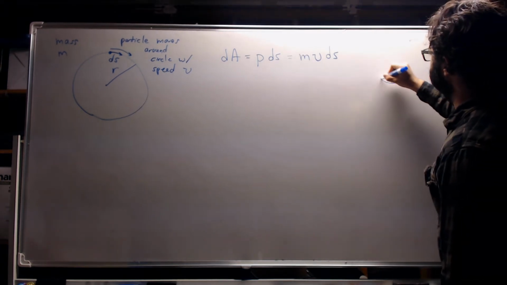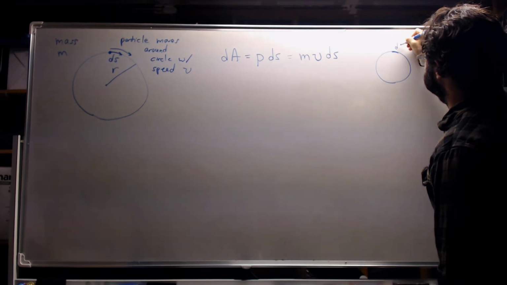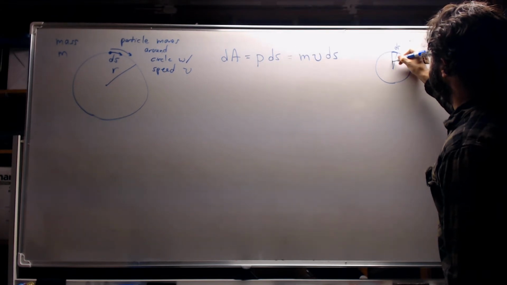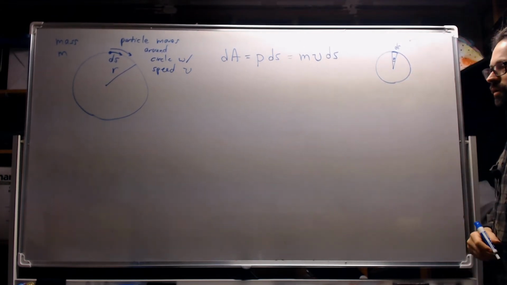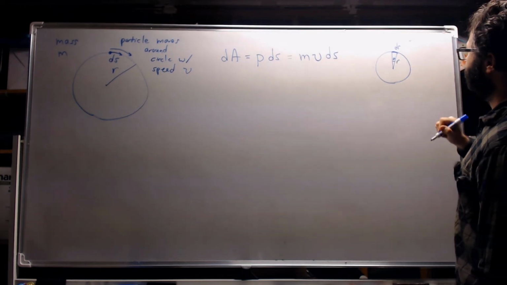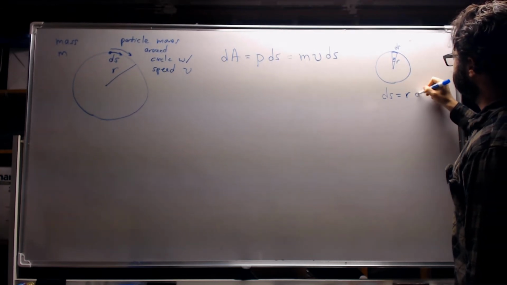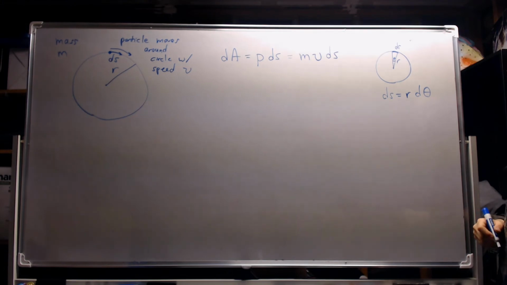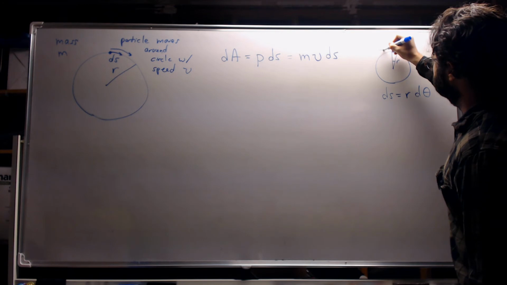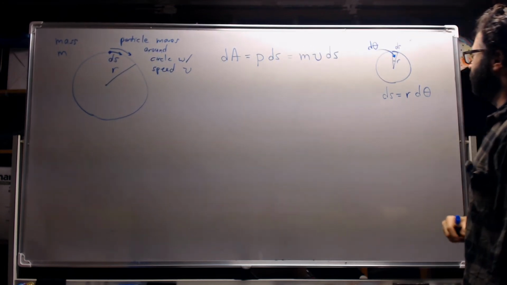Now, if you have a circle, a small length ds can be related to the angle through which the particle moved as it traveled ds and the radius r. In this case, ds is equal to r d theta. Let's call this angle the infinitesimal angle d theta.